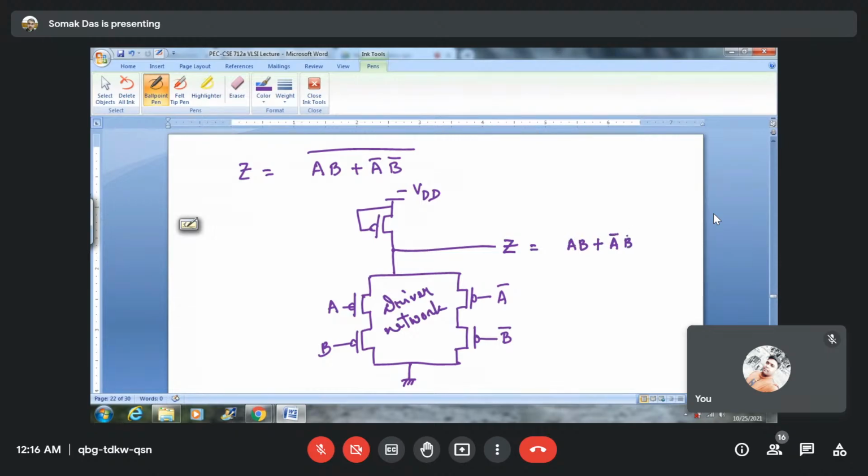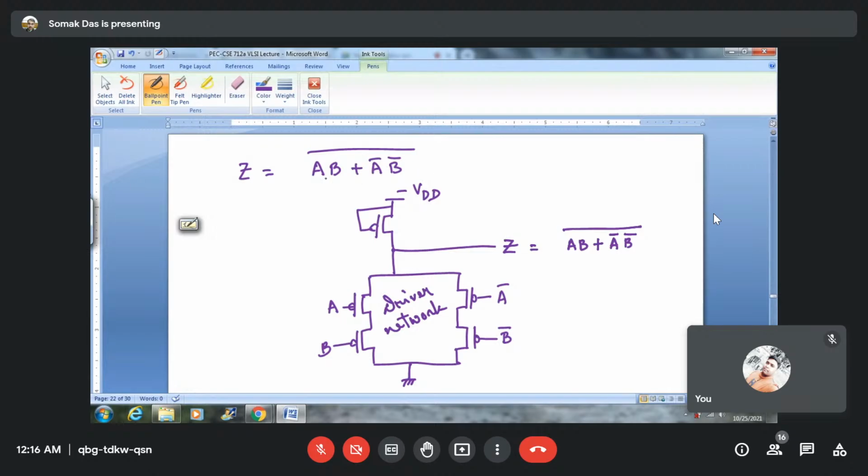bar input transistors. And what I have mentioned, that for this kind of PMOS circuit, the output will just be the inverse of the driver network. So you have realized Z, which was made to realize by you.